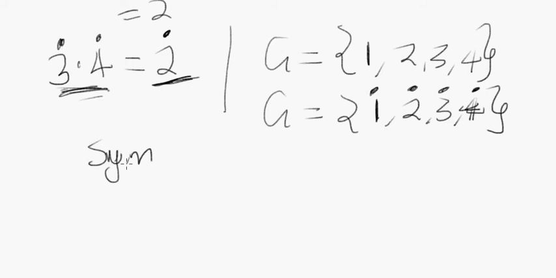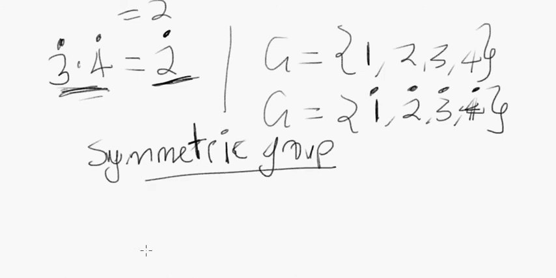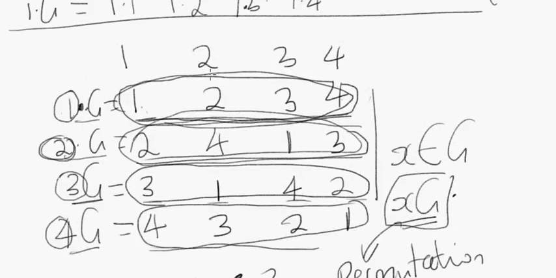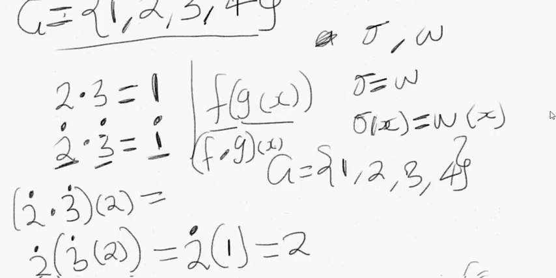So if 1 is a permutation, 2 is a permutation, 3 is a permutation, 4 is a permutation, and 1 we can think of as the identity permutation, because remember, 1 does nothing. 1 keeps 1 as 1, keeps 2 as 2, keeps 3 as 3, keeps 4 as 4. So really, we have permutations.